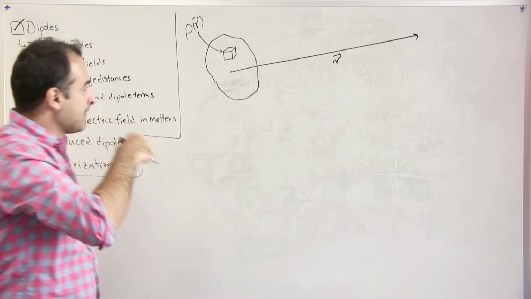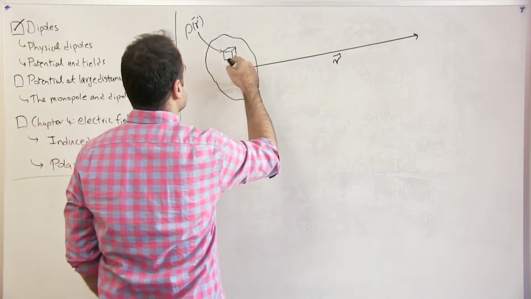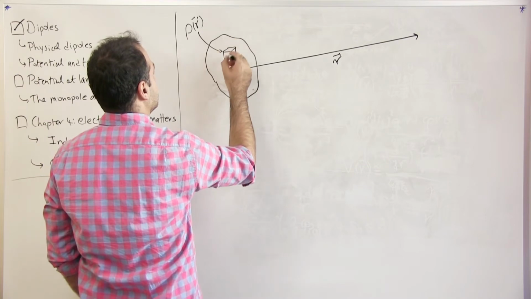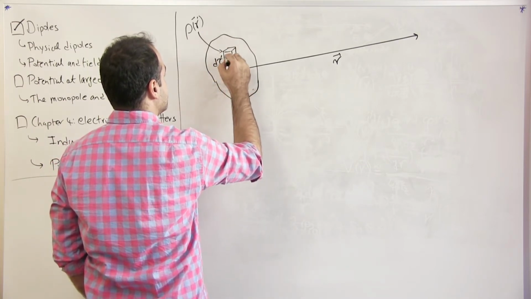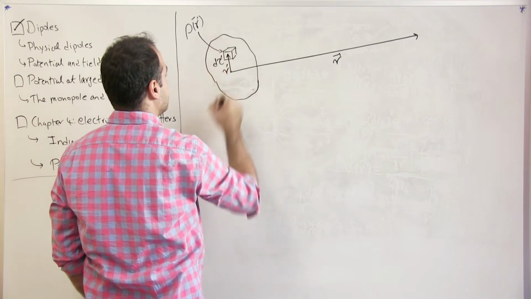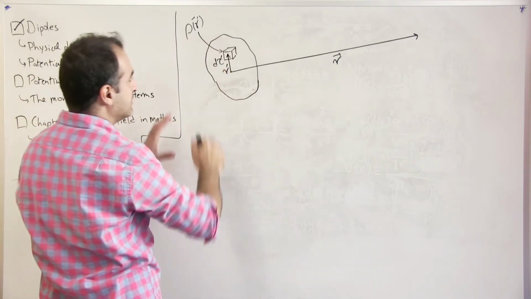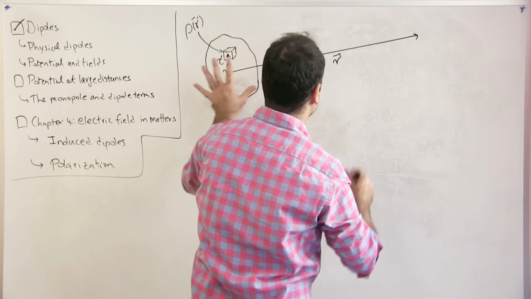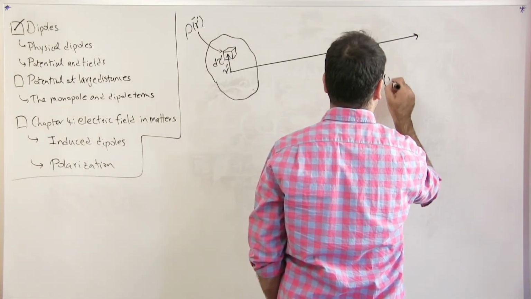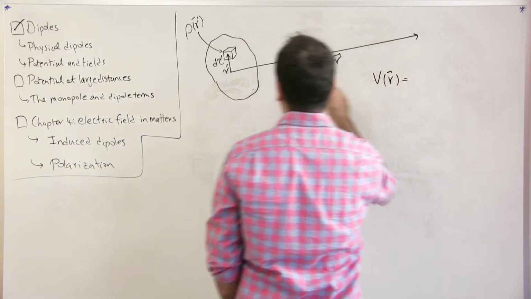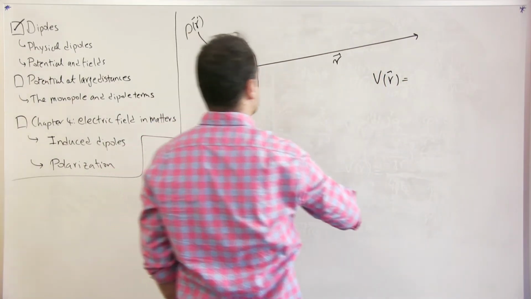If we look at this infinitesimal volume, d tau prime, which sits at the position r prime, one way to calculate the electric potential here is one integration over all these infinitesimal volumes.